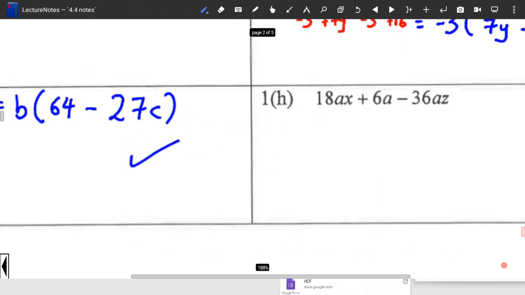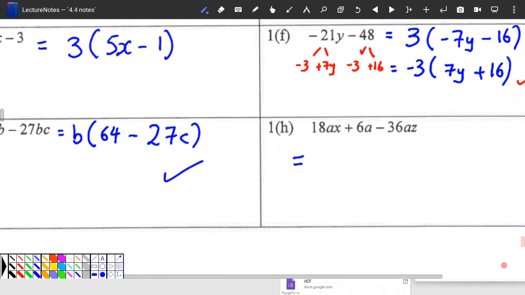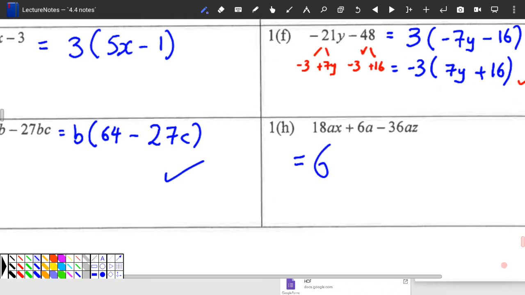Okay, now the last one. Ifa, try 18, 6 and 36. What is the common number I can take out? 6. Now let's look at the alphabet. You must always take care of two groups: number and alphabet. AX, what is common?